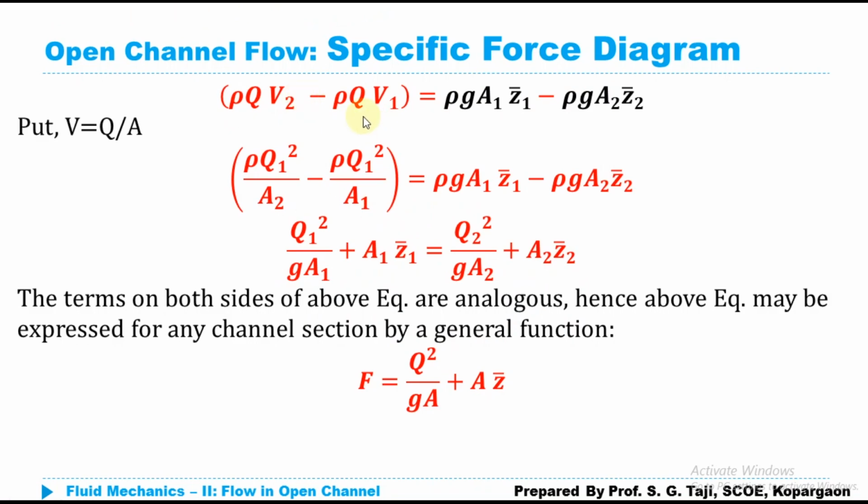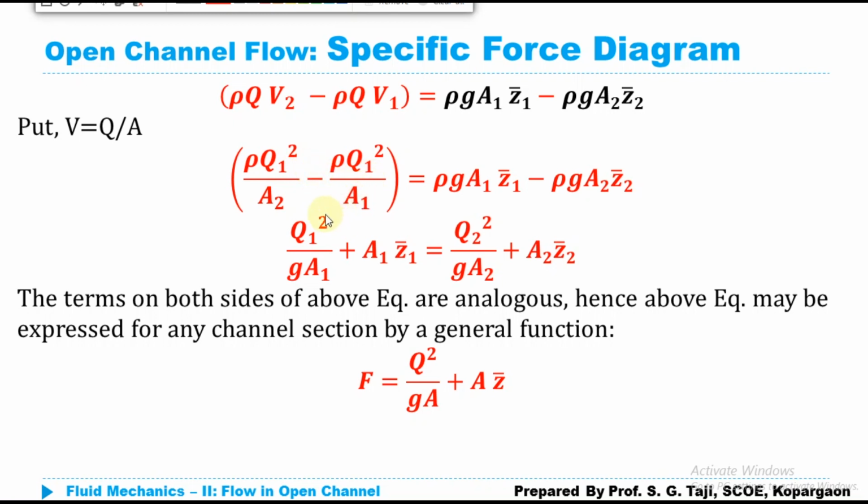rho Q V2 minus rho Q V1 is equal to rho g A1 z1 bar minus rho g A2 z2 bar. Now I can write V as Q upon A, so I can replace V with Q upon A and my equation gets slightly modified. I made a small mistake here; it should be Q2 and Q1.